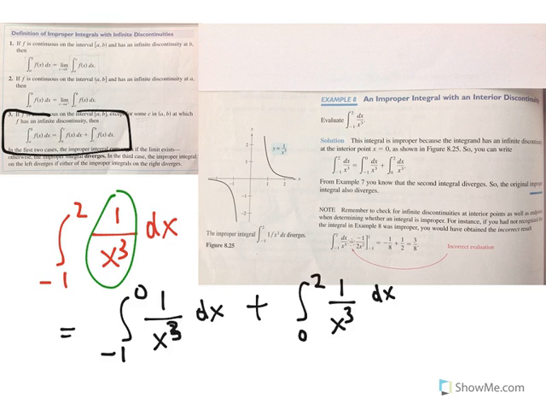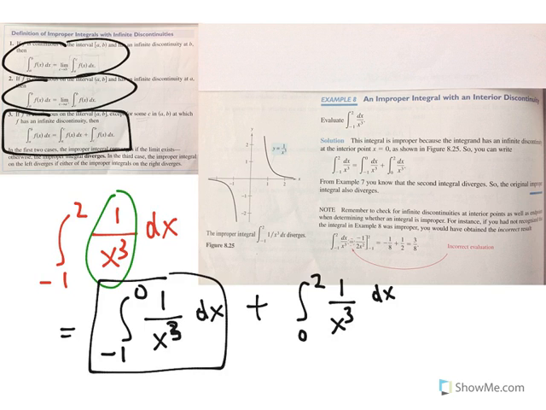And once you've done that, you're going to deal with each one of these using the definitions from 1 and 2 before. So in the first case, the problem is happening at x is equal to 0.